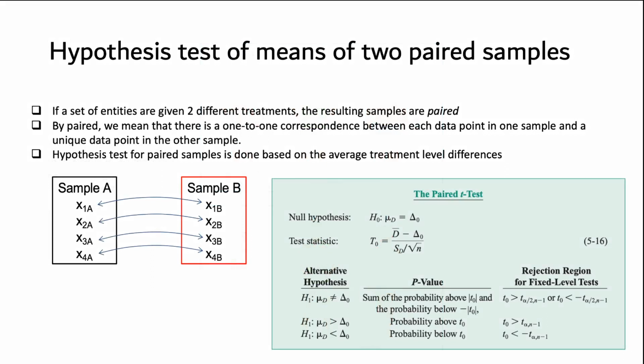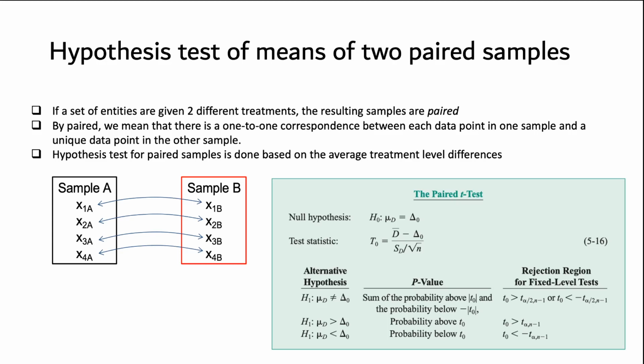Here we can see that sample A, before treatment, and sample B, after treatment, are related. We have sample X1A, which is related to sample X1B, X2A related to X2B, X3A related to X3B, and X4A related to X4B. These two sets of samples are given two different treatments, so the resulting samples can be categorized as paired samples.